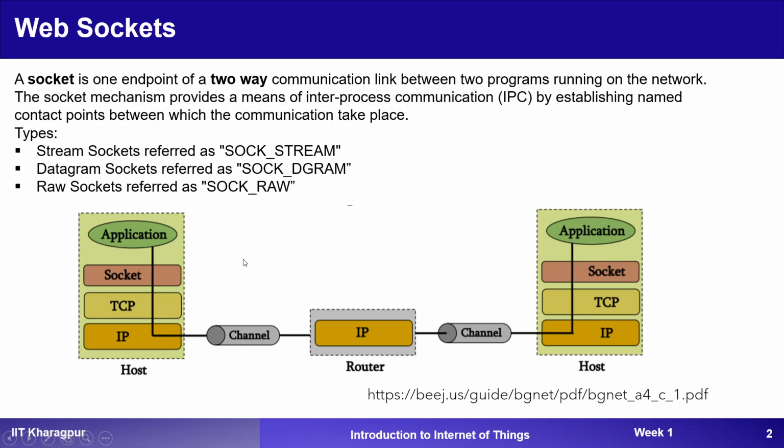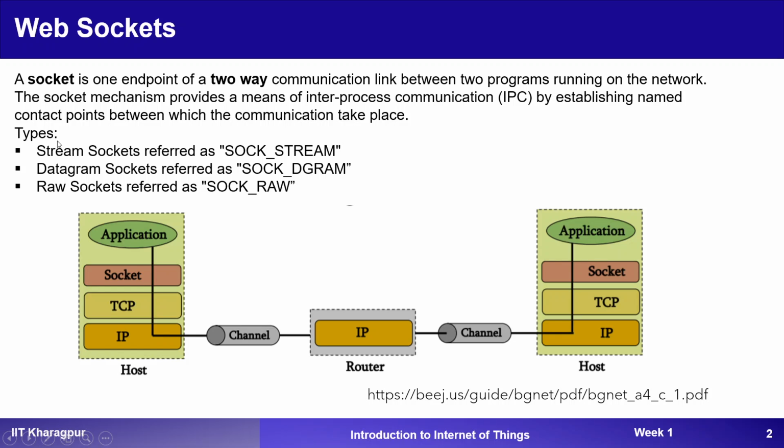In order to create that endpoint, we need socket programming, and socket is that endpoint which is created at both the ends. So there may be 3 kinds of sockets which we can use in our programming. First one is stream socket, second one is datagram socket, and third one is raw socket.